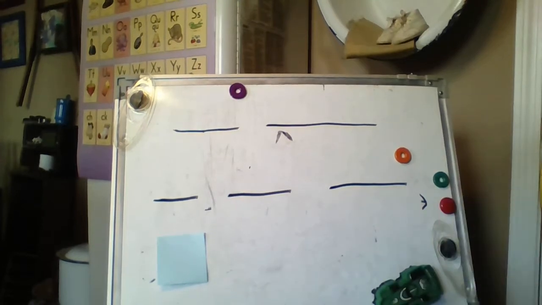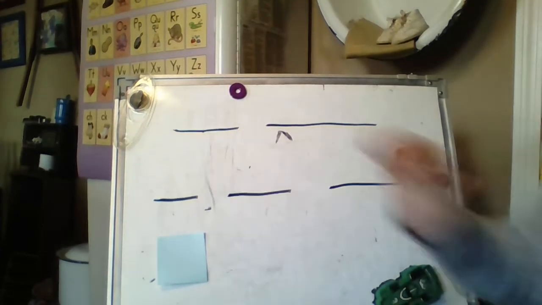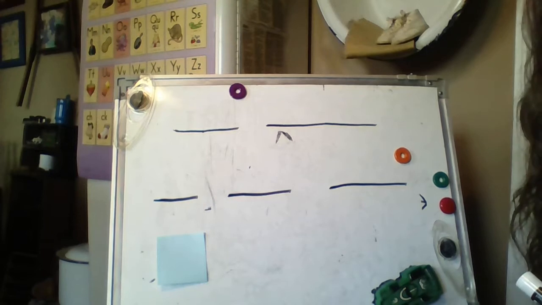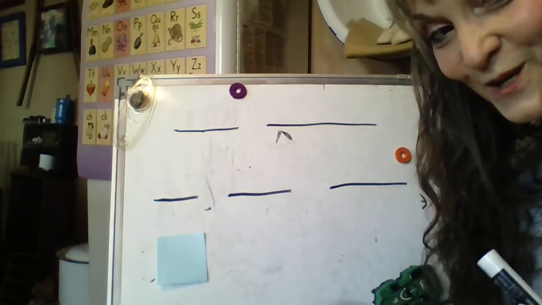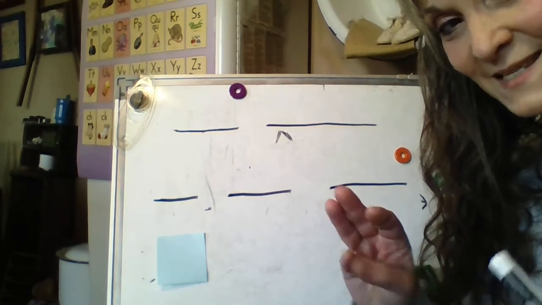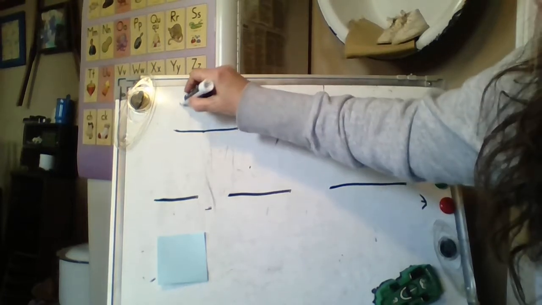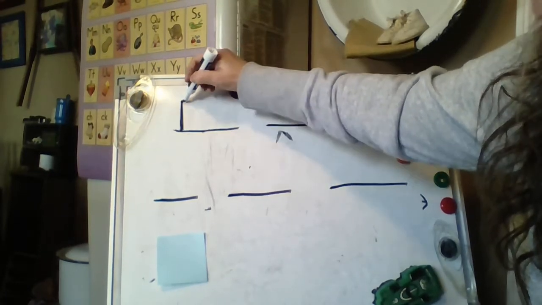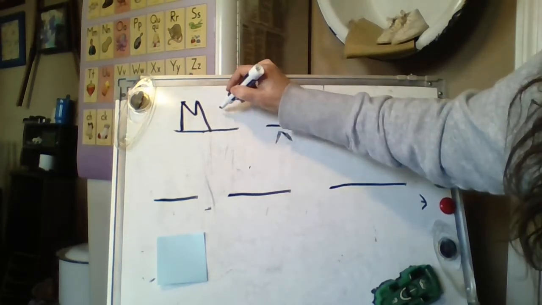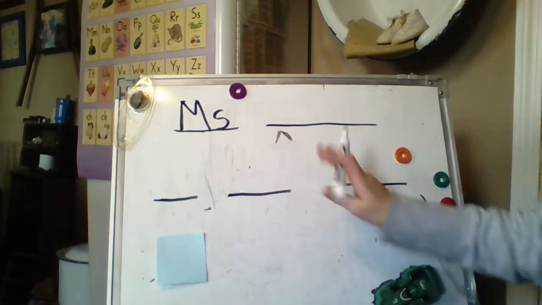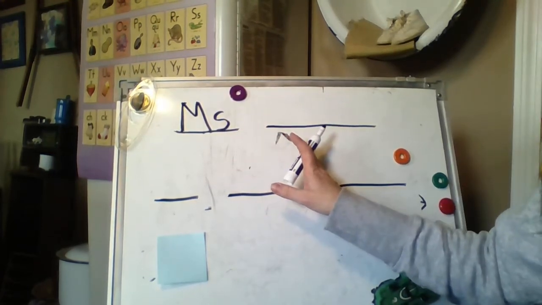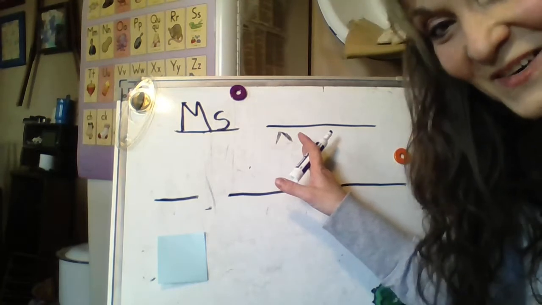It's going to be 5 words. If I want to write Mrs., what do you hear? Mrs., I hear that M. So I would put that. Mrs. Oh, now I'm going to do Peterson. What do you hear?